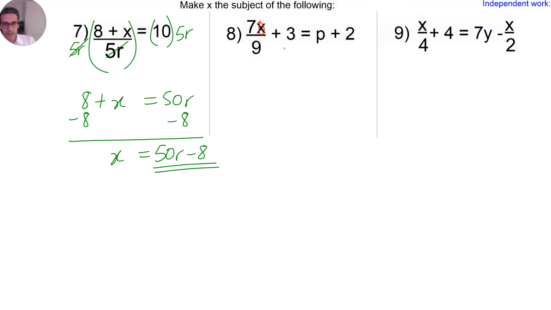Question 8. I want to isolate x here, so first thing I will do is take away 3 from both sides. So this becomes 7x over 9, that's a 0 pair, is equal to p. Now you've got 2 take away 3 is negative 1, so p minus 1. Next step is I'm going to multiply both sides by 9.